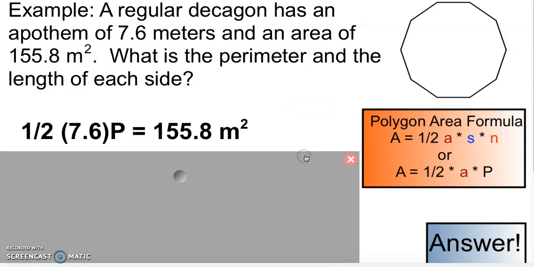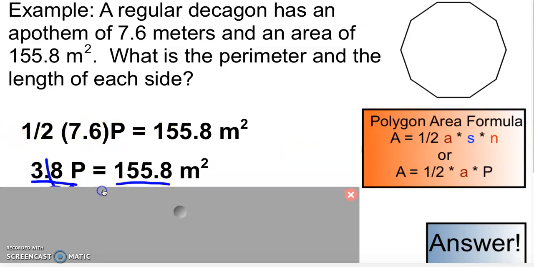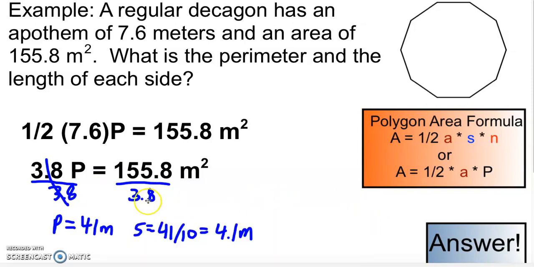I'm going to combine my 1/2 and 7.6 to make 3.8. So 3.8 times my perimeter equals 155.8. Divide both sides by 3.8, and I'm going to be left with 41. So my perimeter is 41 meters.